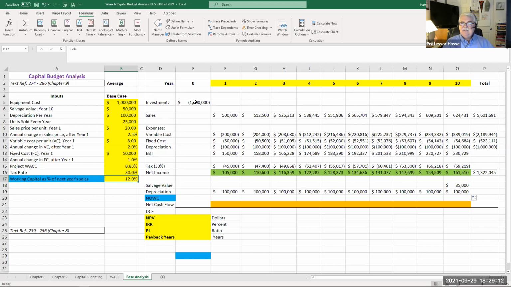So right here in year 0, I would put in a formula: equals the first year's sales, 500,000, times negative 0.12. That's 12%. I'm taking 12% of 500,000, and that's negative cash flow in year 0.